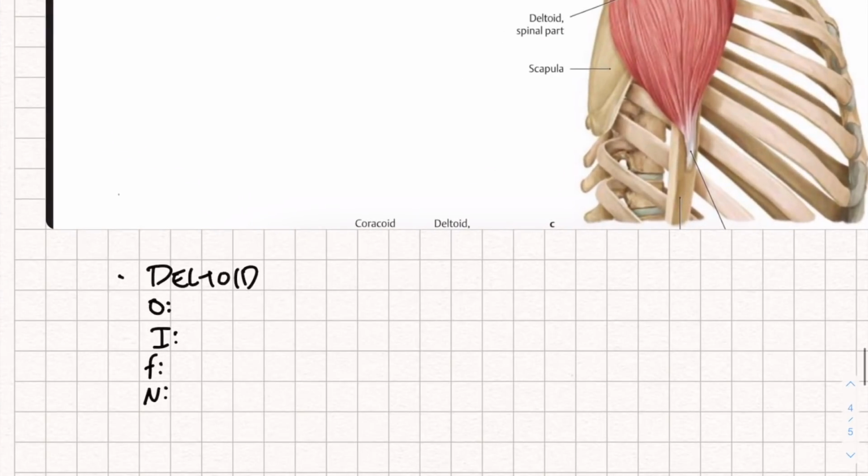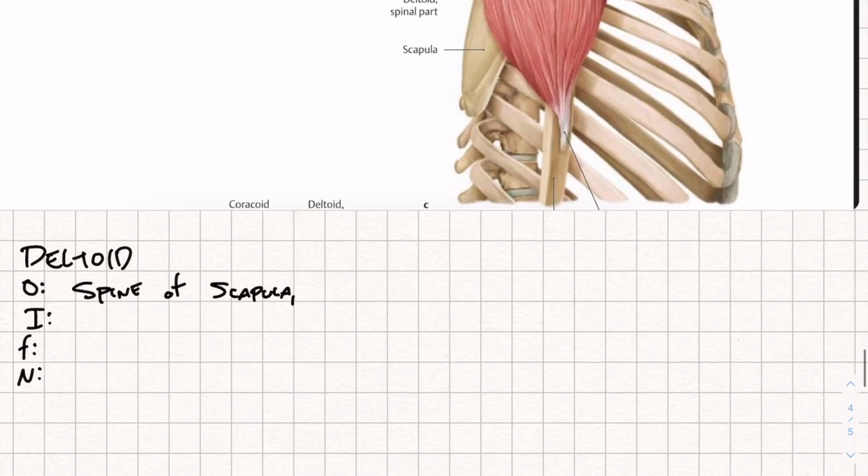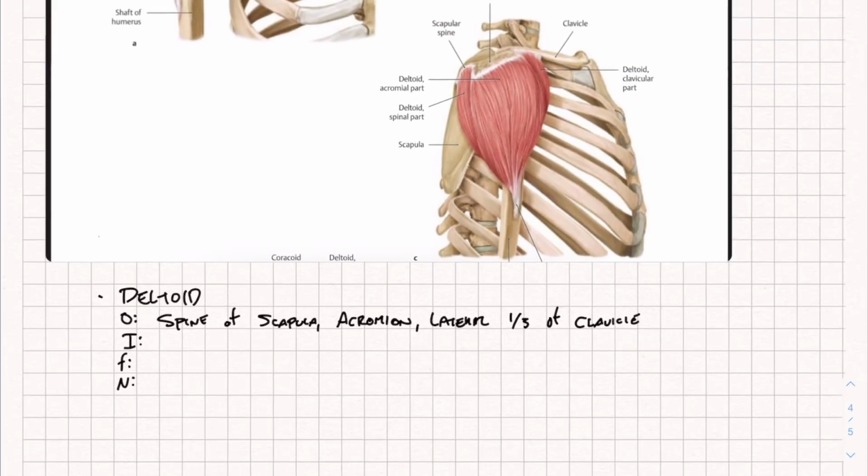Its origin is the spine of the scapula, the acromion, I'll try it with an L this time, and then the lateral third of the clavicle.